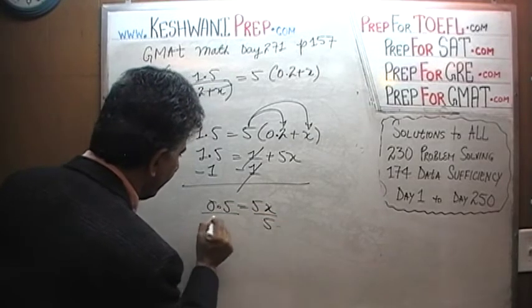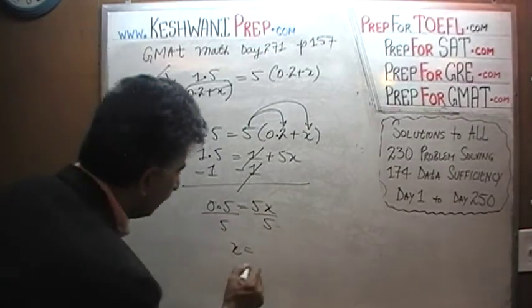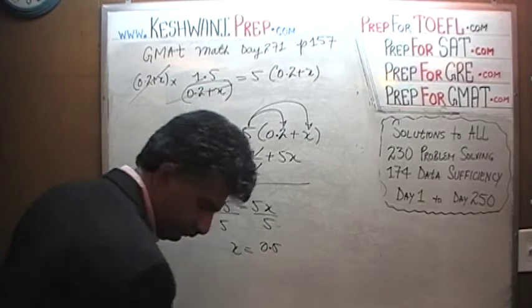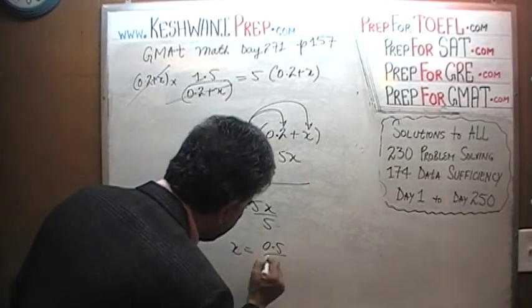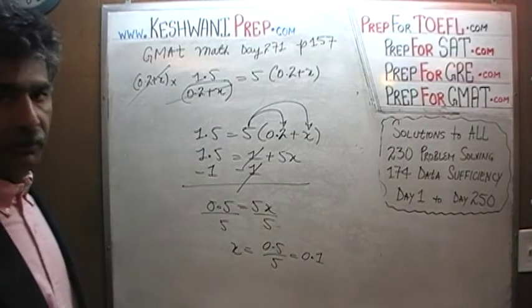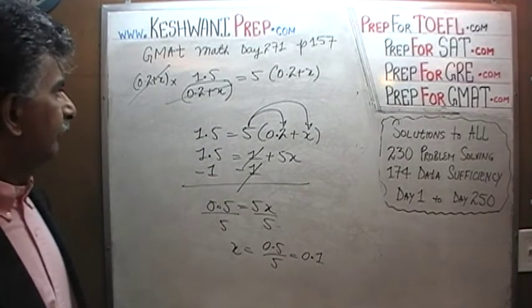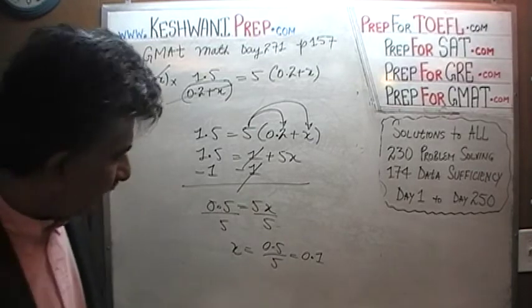Divide both sides by 5, and we find that x is equal to 0.5 over 5, which is going to give us 0.1. That's how simple, how straightforward it is. And that's answer choice B.